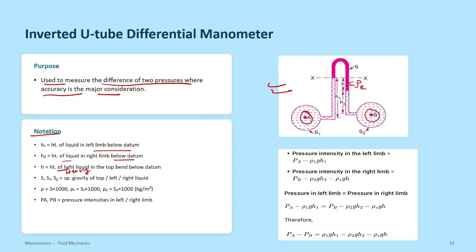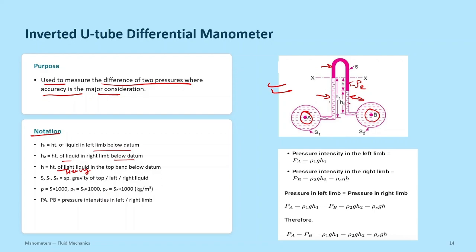S1, S2 is the specific gravity. S is the specific gravity of this top one, and S1 is the specific gravity of this left one, means this liquid, and S2 is the right liquid, this one.